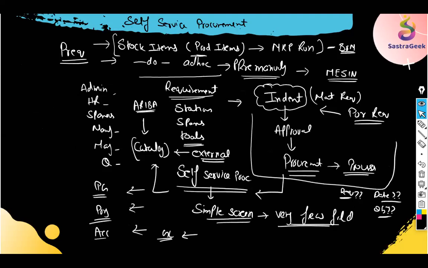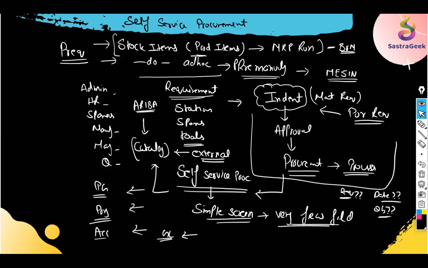We discussed the purpose of self-service procurement, why it has been introduced, and how it works. Basically, it is kind of an indent process for the departments, where department people create purchase requisitions by using a cart functionality where they need to put minimal entries.